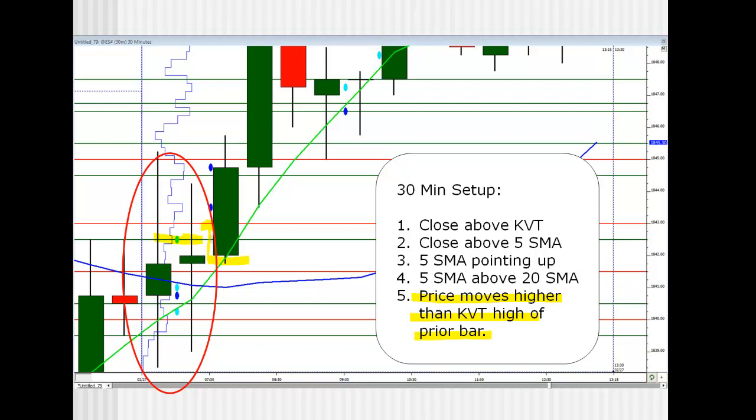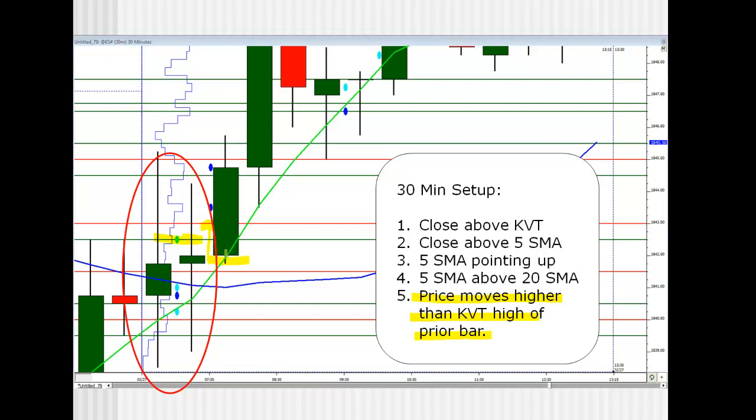If that's the case, and this happens the minute prices are above that level, then I am ready to take my long, and prices usually will fluctuate. You could probably grab it at a decent price somewhere right at the KVT high, maybe a tick or 2 below it.